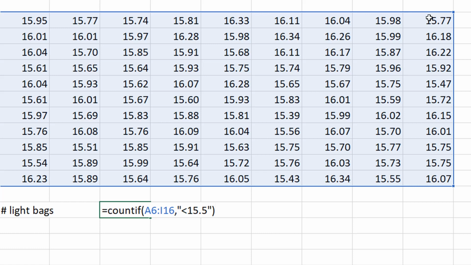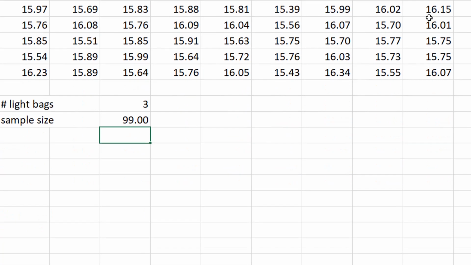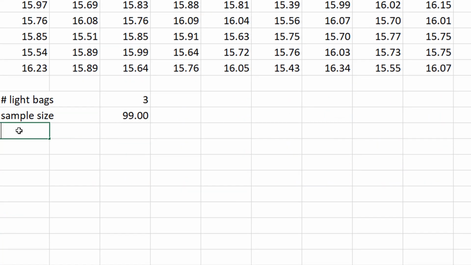That's going to count all of the bags that are less than 15.5. There's 3 of them. Sample size, of course, is 99. Now let's calculate the sample proportion, p hat. That's, of course, 3 out of 99. That's pretty low. Is it low enough, though, that we can make our conclusion?